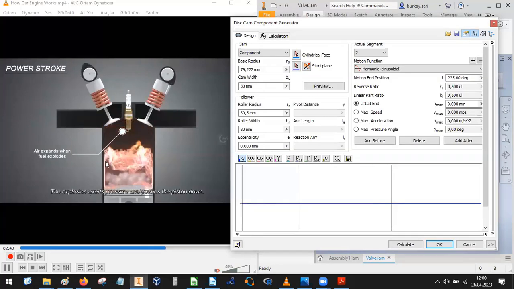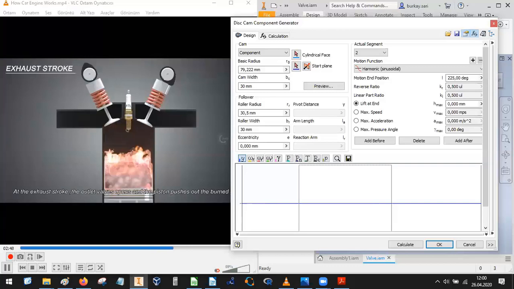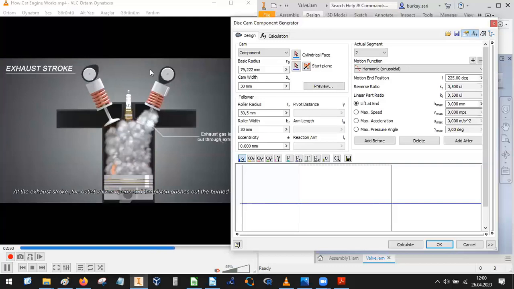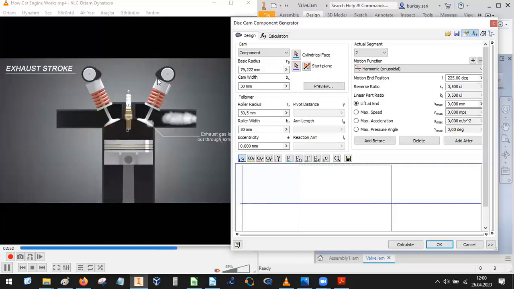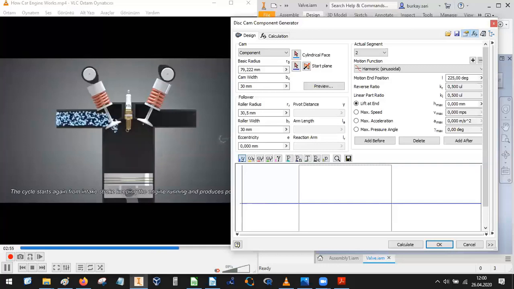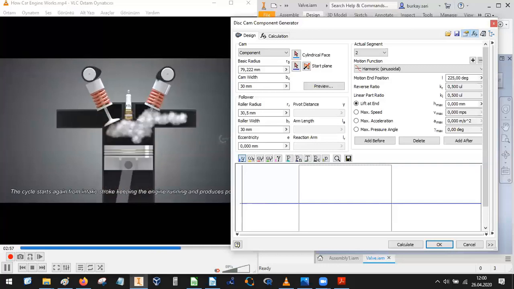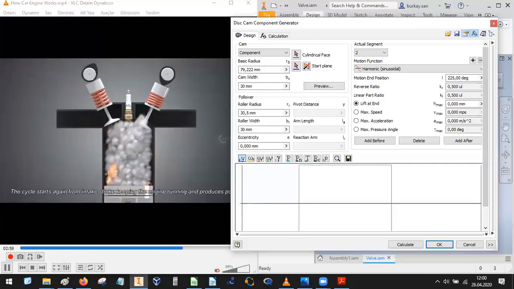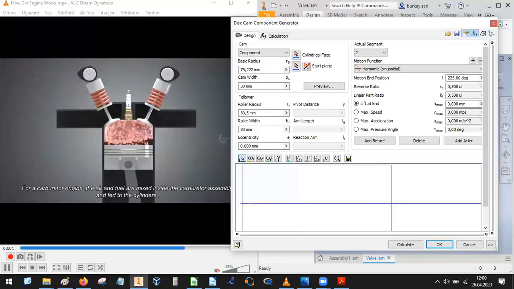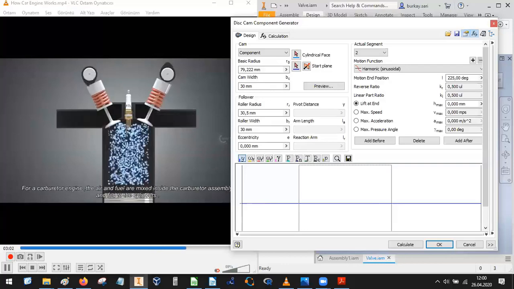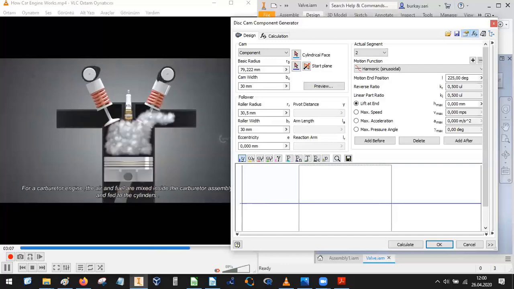When we have this stroke at this point, we have an igniter here. And these cams adjust the ignitions. We have 4 cycles: intake, compression, ignition, and exhaust.